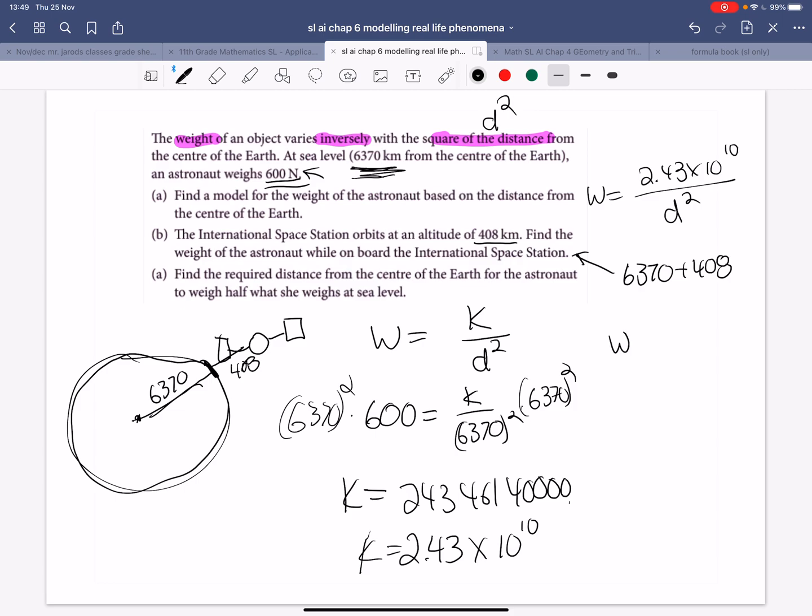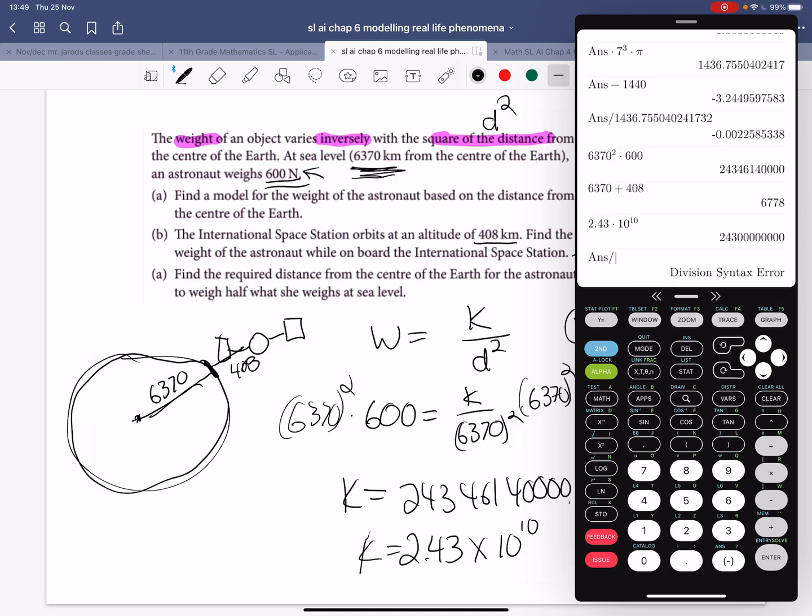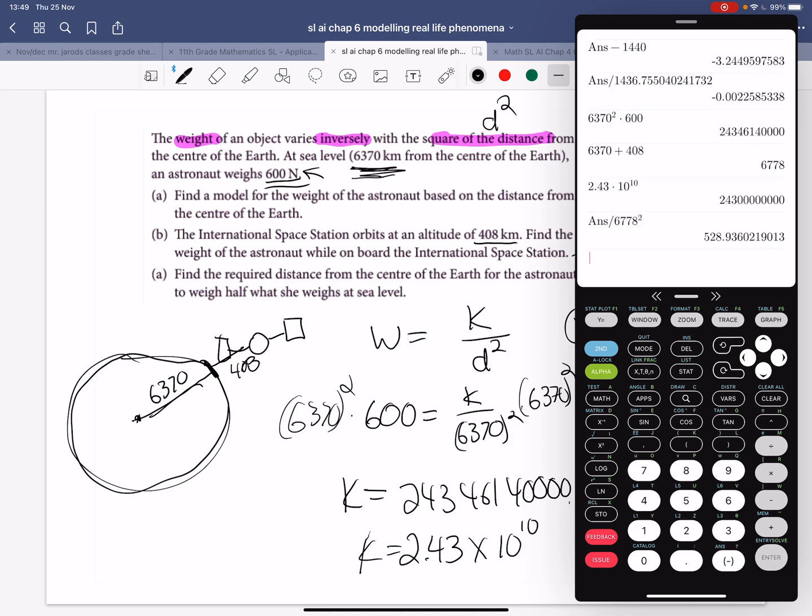So for question B, weight equals 2.43 times 10 to the 10th divided by 6778 squared.